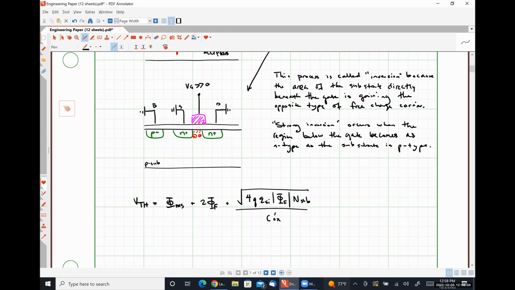So we need to talk about what these different things are. So this is the threshold voltage. This is effectively the potential that's applied at the gate to cause strong inversion to occur.